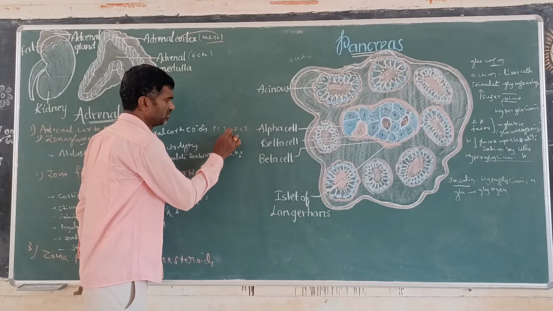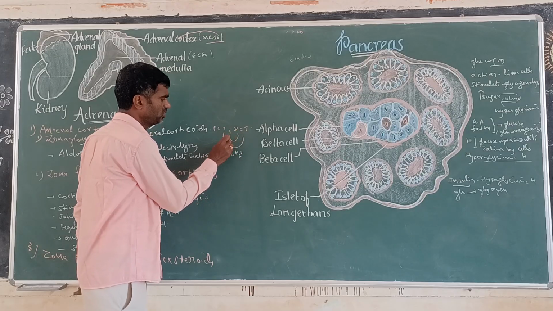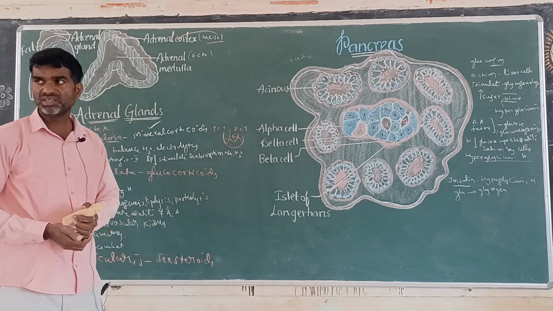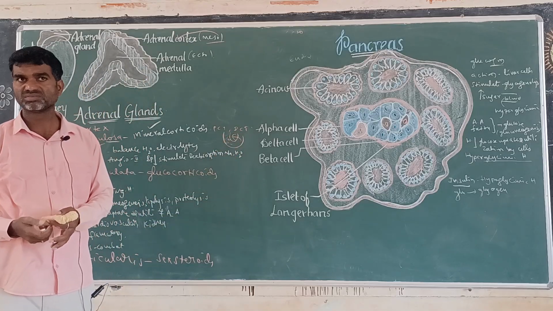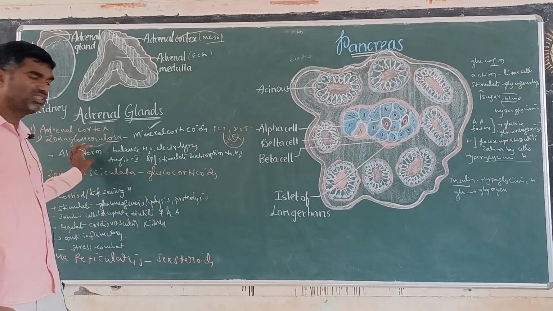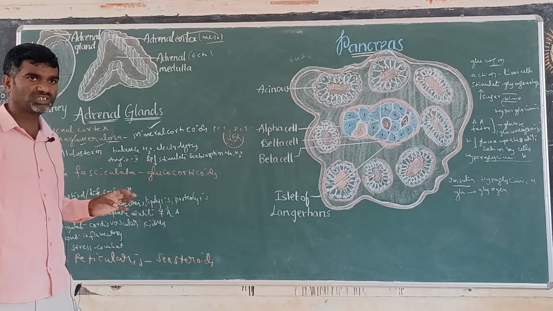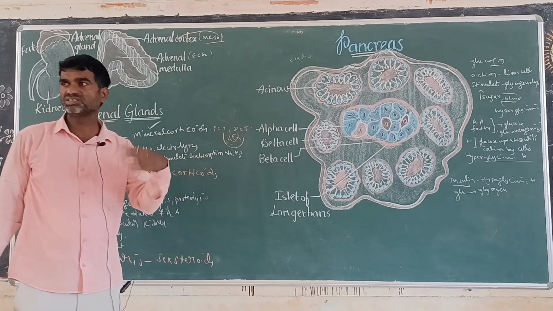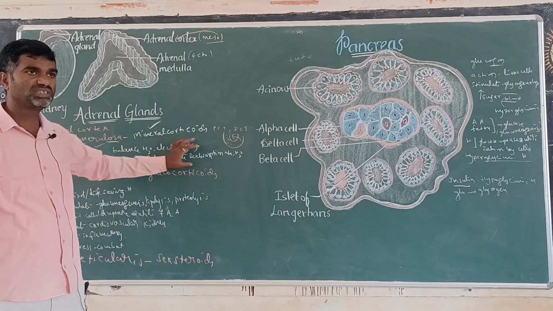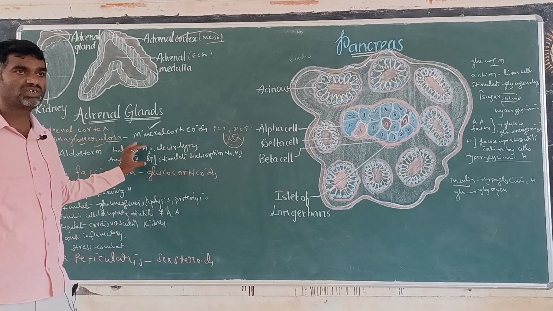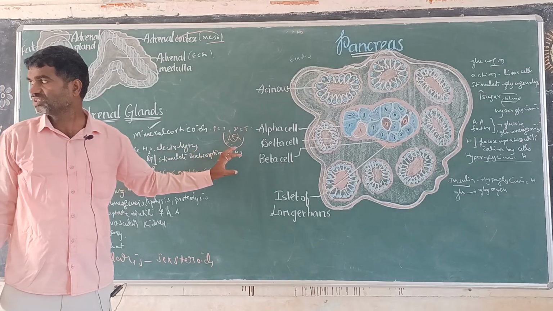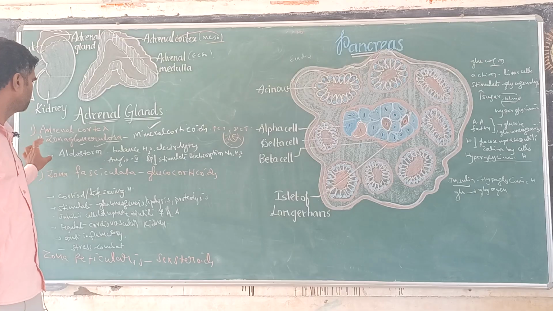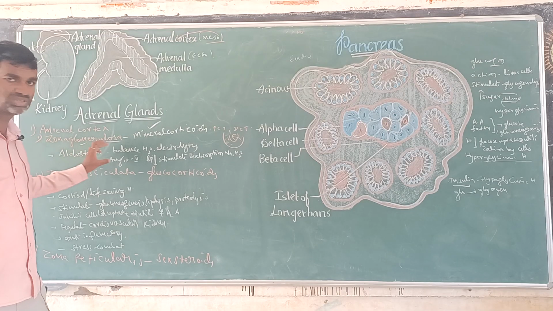Here sodium and H2O are reabsorbed, and potassium is excreted. All of these are maintained with the help of aldosterone, in the renal tubules. So it maintains the balance of electrolytes, sodium and water. That is the main function of aldosterone.